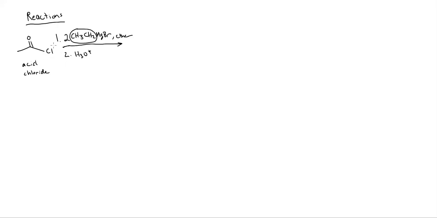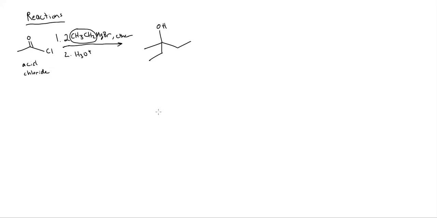I'm going to get rid of chlorine, and I'm going to turn this into an alcohol. So let's do that first. So chlorine is gone, and I turn this into an alcohol, and then I just add my 2 ethyl groups. 1, 2, 1, 2. I'm done. This is my product for an acid chloride.